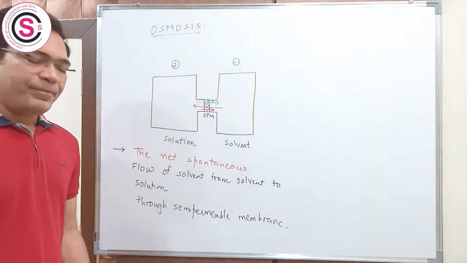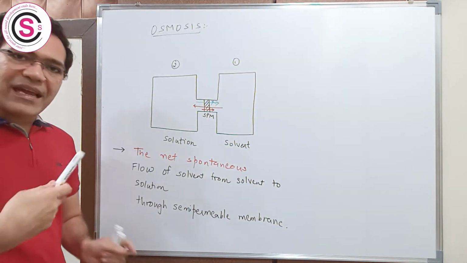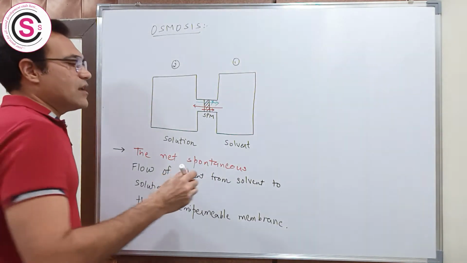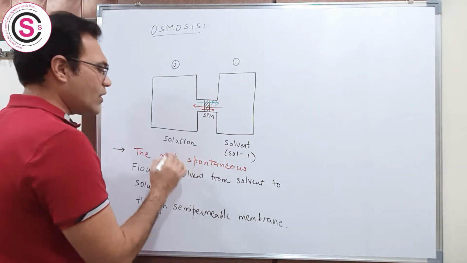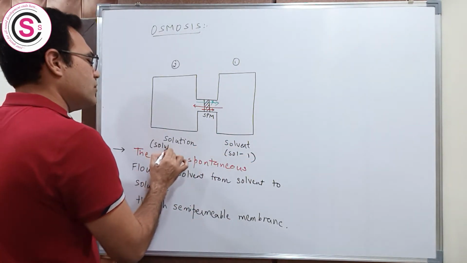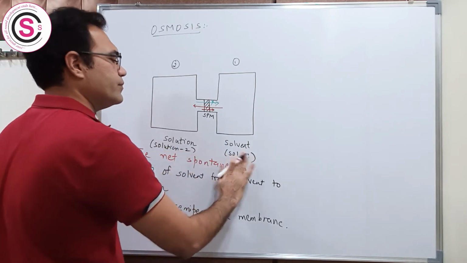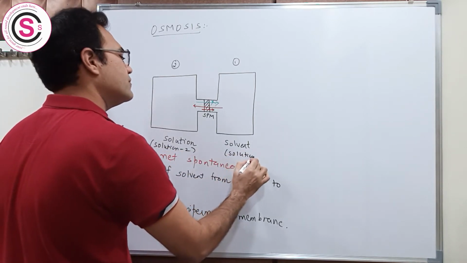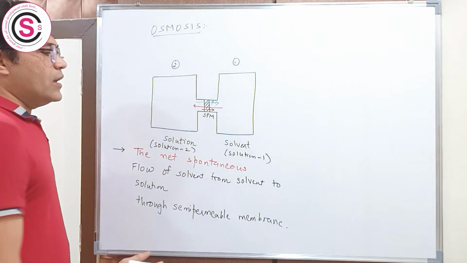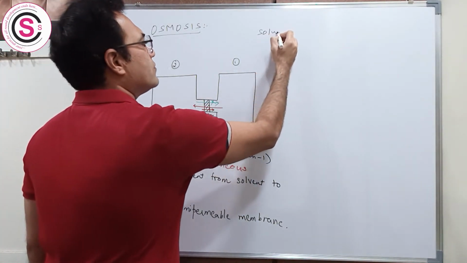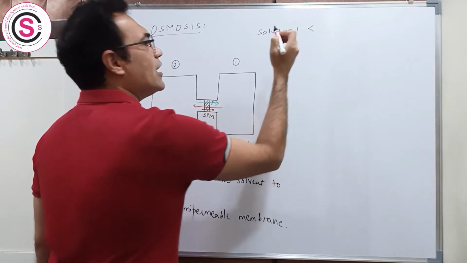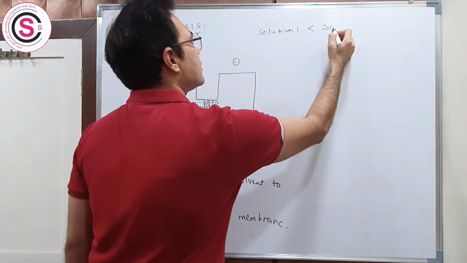Very simple. Now students, consider the same scenario like this. Suppose here in place of solvent I take solution 1 and here I take solution 2, right? Now students, assume that solution 1 is dilute and solution 2 is concentrated.